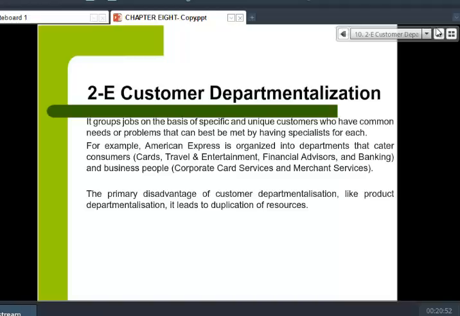The primary disadvantage of the customer departments, like a product department, is that it leads to the duplication of resources. So the main disadvantage of each department could lead to a duplication. This is a common disadvantage among the departments.